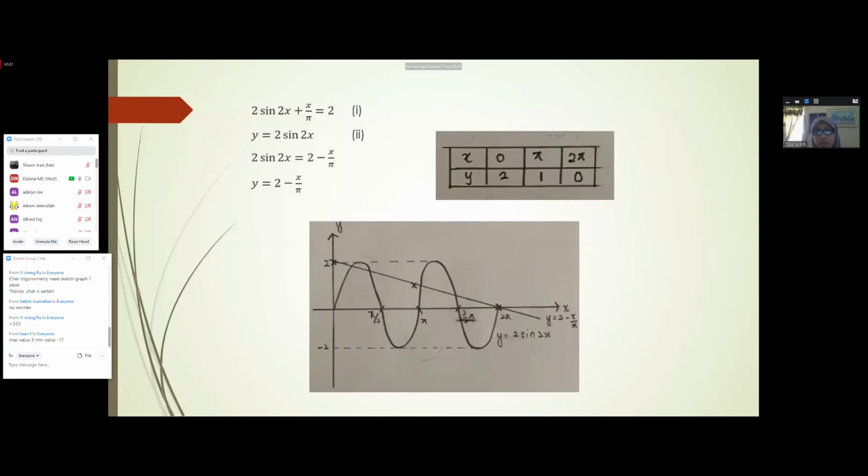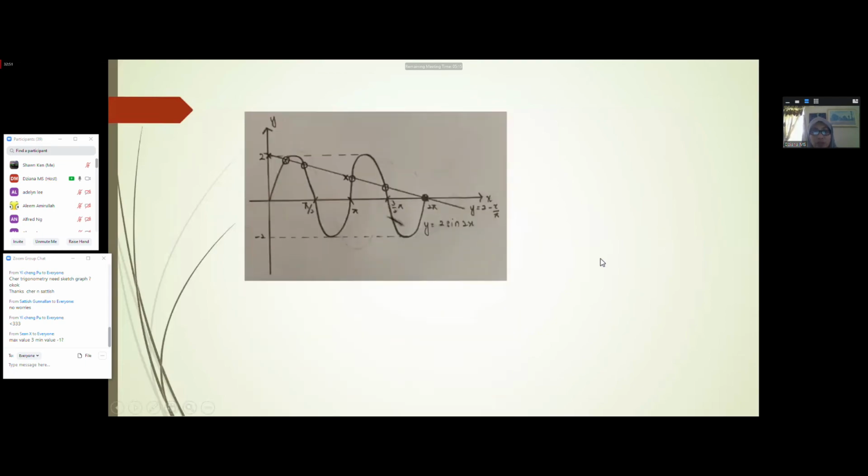And then the next part of the question, you have to state the number of solutions. So, have you done with this? Any question on this? Okay, so this is the latest graph.